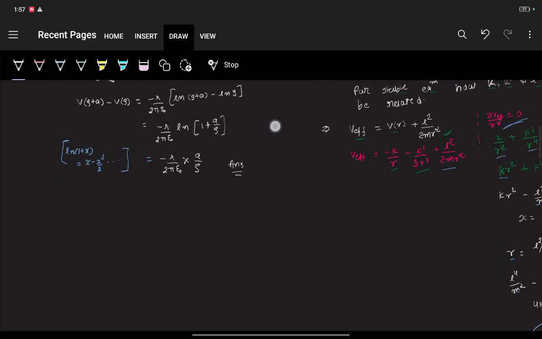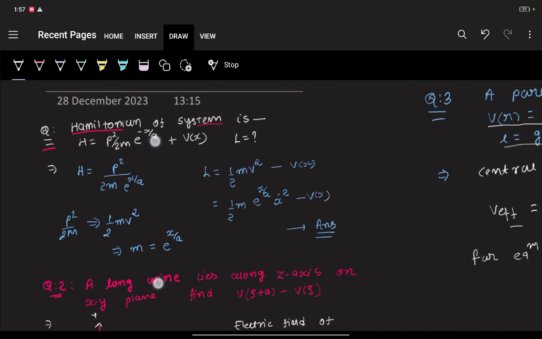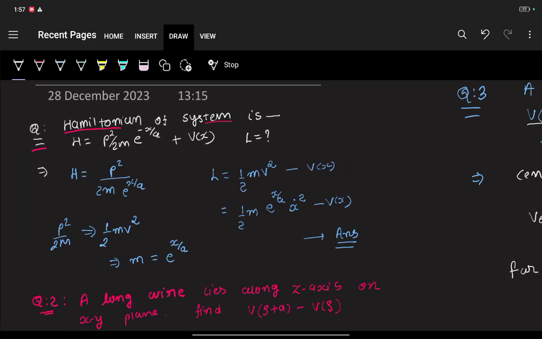Now moving on to this question: the Hamiltonian of the system is this and the potential, okay. We need to find the Lagrangian. So we are not going by this method, which is x-dot p minus H. Instead we are doing something else. So here, the Hamiltonian we can rewrite, here you can say e^(-x/a).